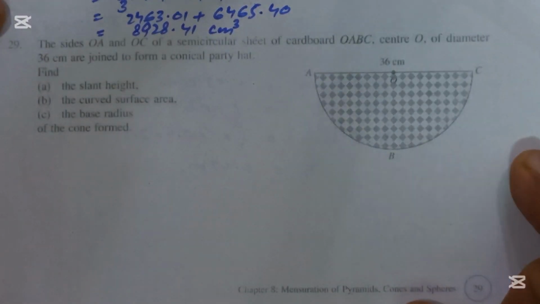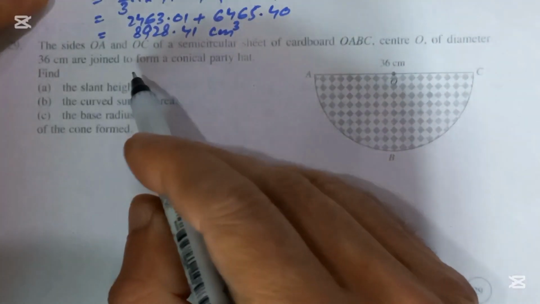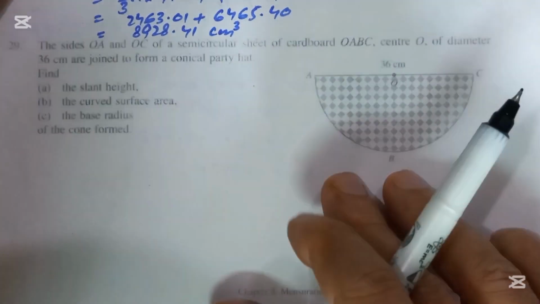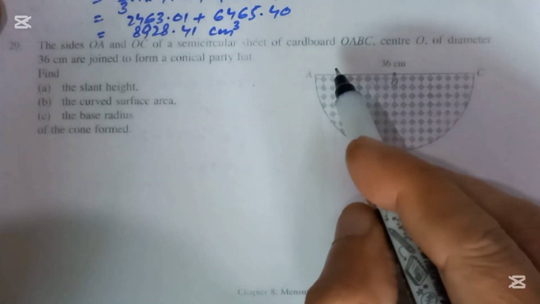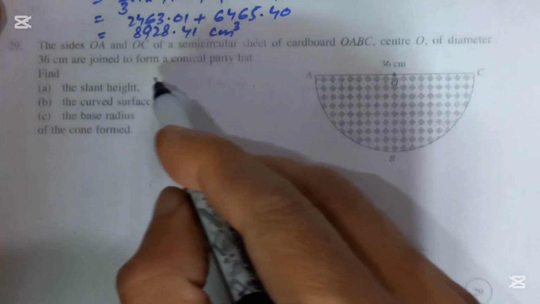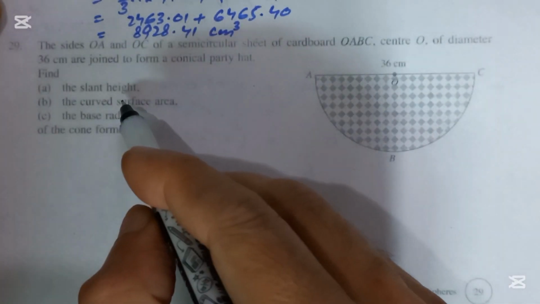Statement of question number 29 is, The sides OA and OC of a semicircular sheet of the cardboard OABC, here is OABC, center O of diameter 36 centimeter, are joined to form a conical party head. Find the slant height.